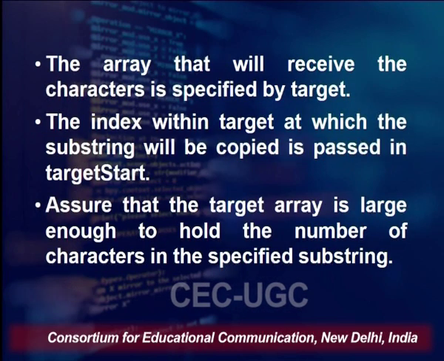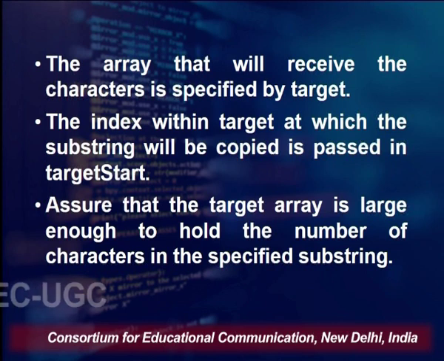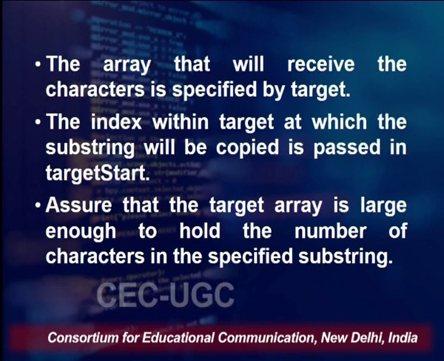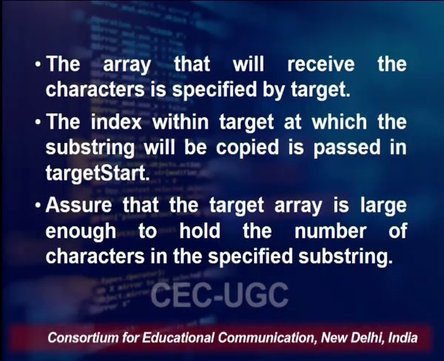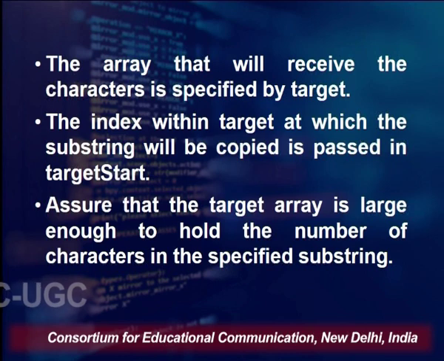The array that is going to receive the characters is specified by the target, which is within the parameters, and because of this it is not returning anything to its calling method, and hence the return type is void. The index within the target at which the substring will be copied is passed in the 4th parameter, which is the targetStart.